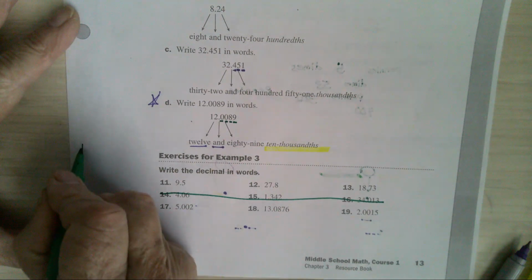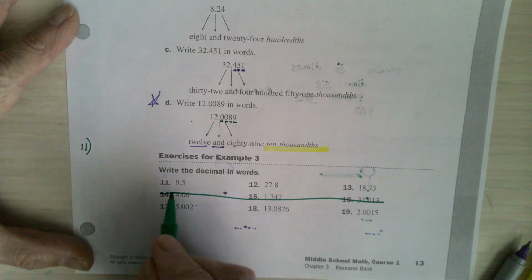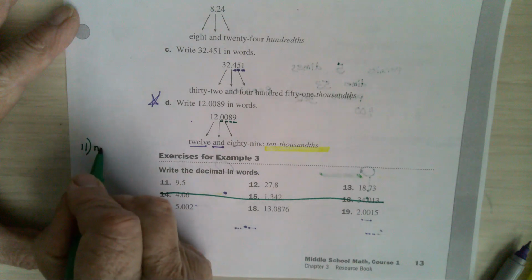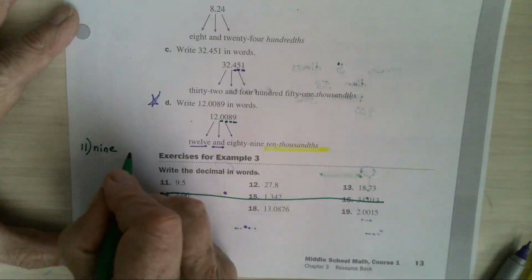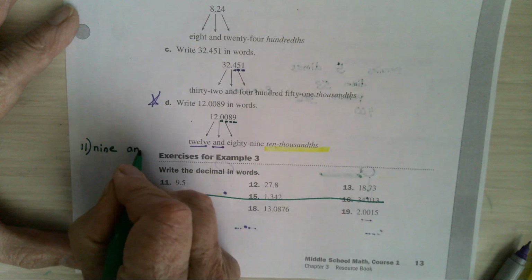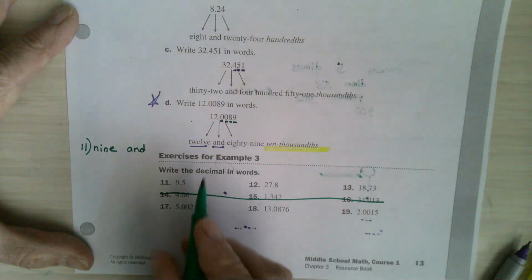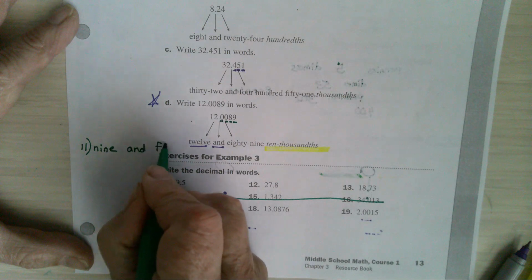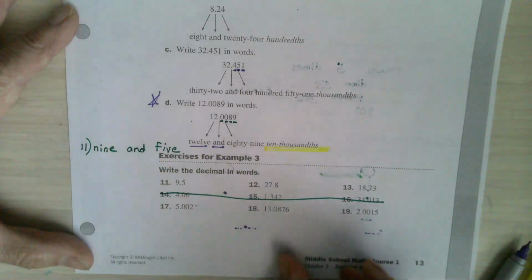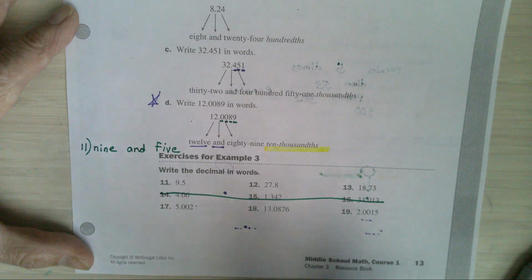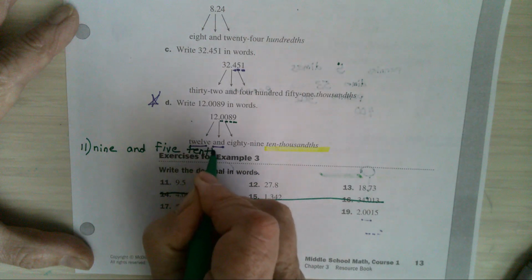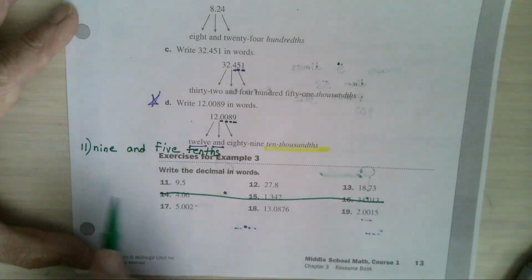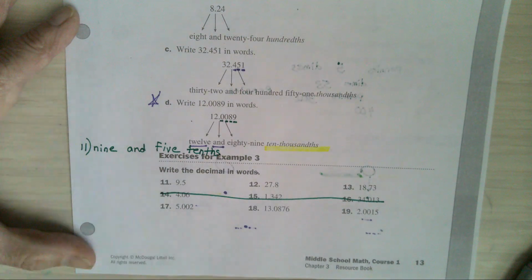In number 11, that's 9, N-I-N-E. And for the decimal point, 5. And what word do I write after the 5? Yes. Excellent. Tenths. T-E-N-T-H-S. So that's number 11. 9 and 5 tenths. Write that down.